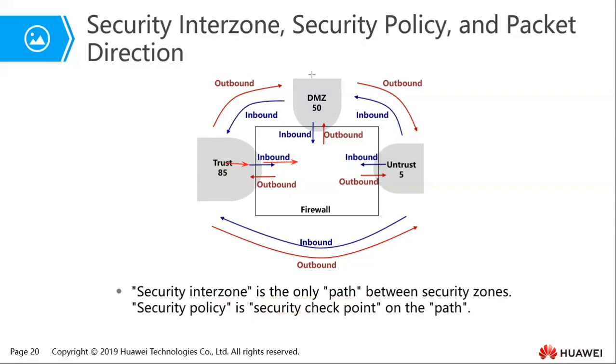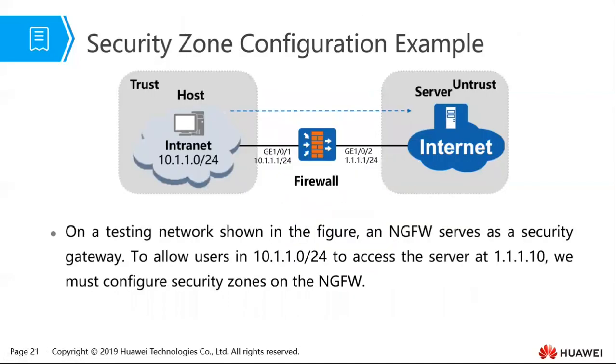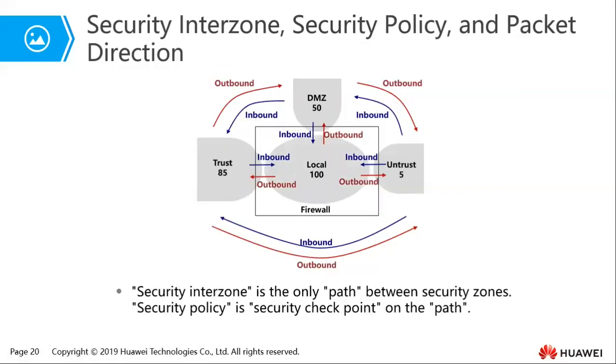So we have to check on this particular interface. We have to check the policy. Are you allowed to move from a lower security level to a higher security level? Something like that. So we're going to do that in a short while. Okay, so we have the local there. I hope you've seen it.